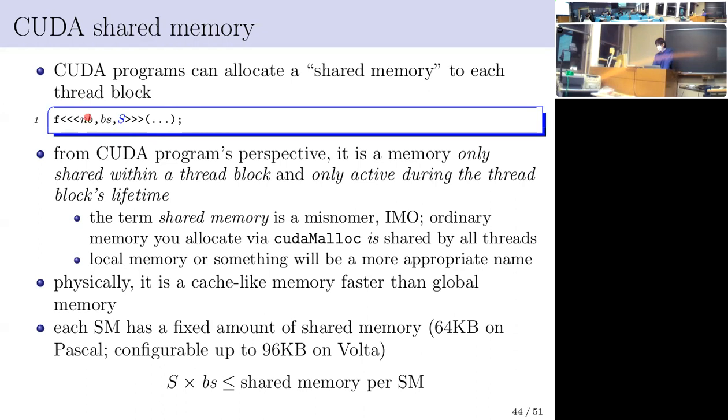So rather than just specifying the number of blocks and the block size, you specify as a third parameter the size of shared memory you want to give to each thread block. How you access this allocated shared memory from within CUDA threads, I'll come to this shortly. But for now, this is the way you can specify the size of shared memory you want to give to each thread block.